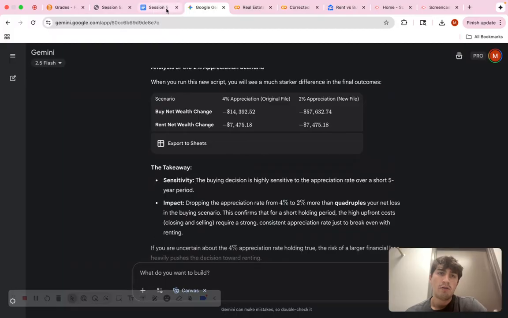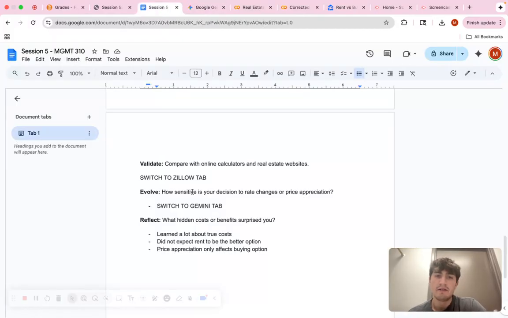So we go back to here and we see how sensitive it is. It's very sensitive because 2% changes at 40K, which is a huge difference. So if we could drive that appreciation up in our deals or whatever, or hold off for when the market gets to a better spot where they can offer that, that would be great.